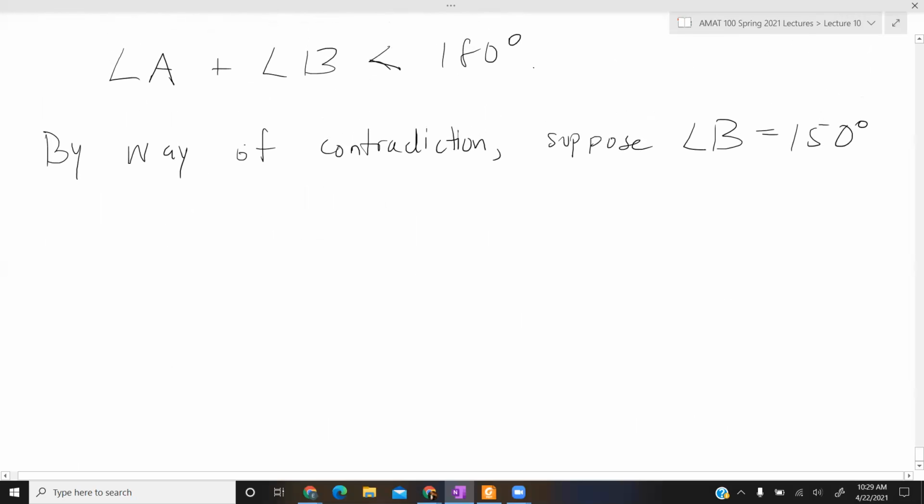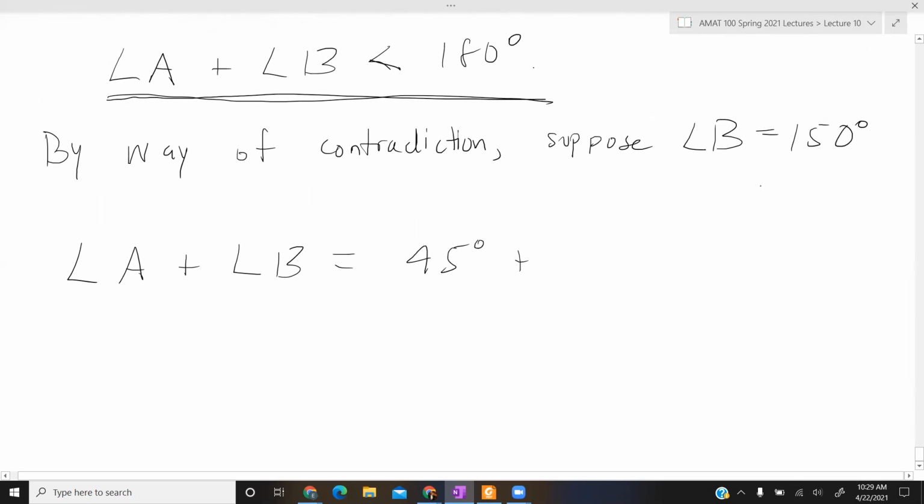Well, does that conflict with this fact? If we suppose that B is equal to 150 degrees, is it compatible with this fact? Well, let's compute the sum of these two angles. We know angle A is 45 degrees, and we know we're imagining for a moment, for the sake of argument, we're supposing B is 150 degrees.